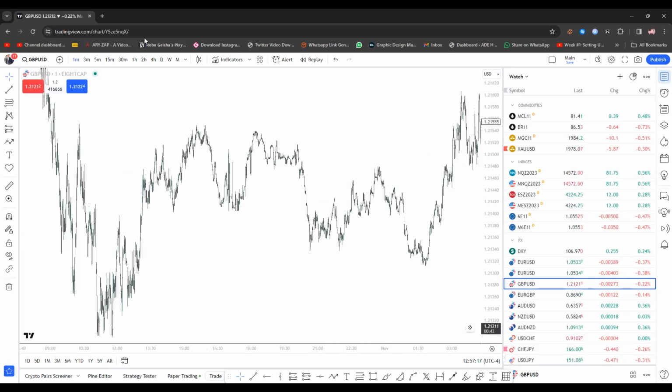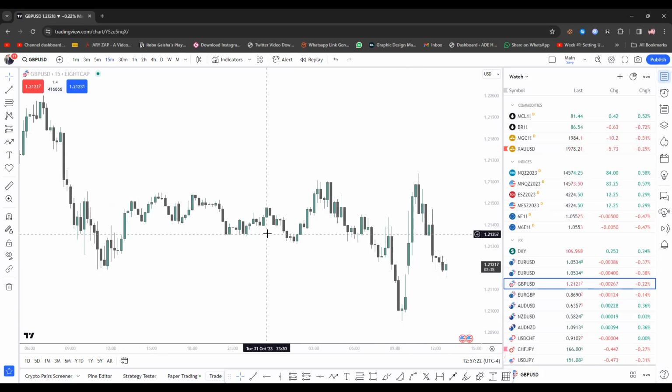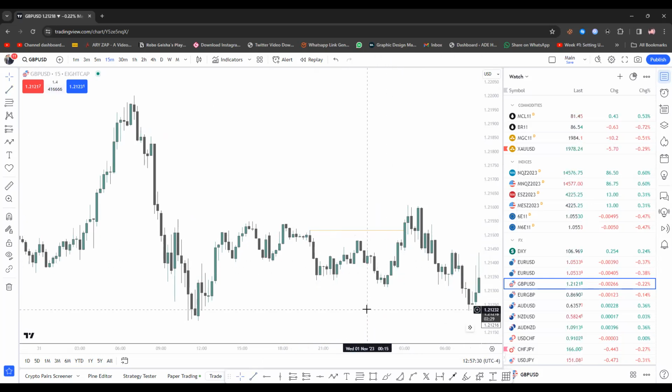Okay, so this is today's price action right here. This is the Asian high. Okay, I guess it did appear. And this is the Asian low.